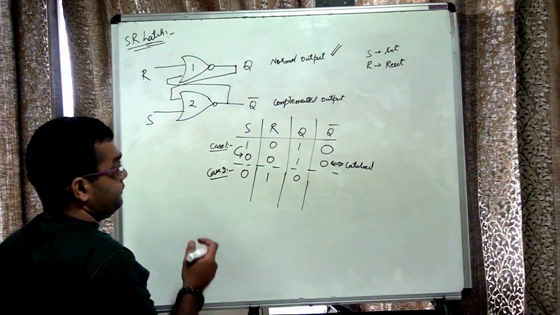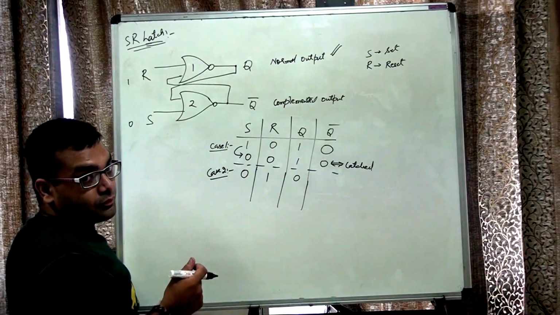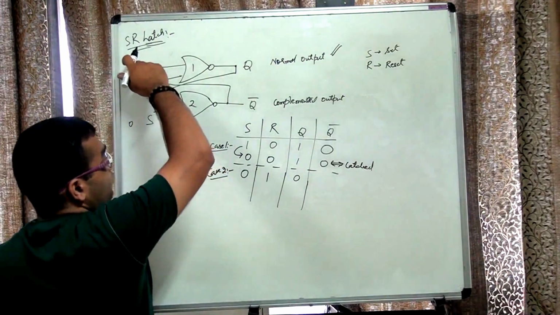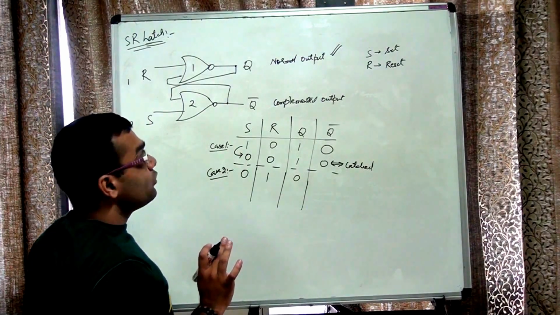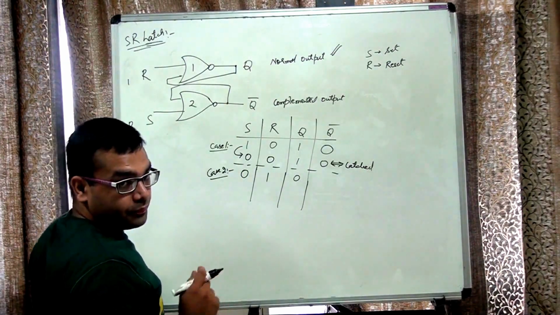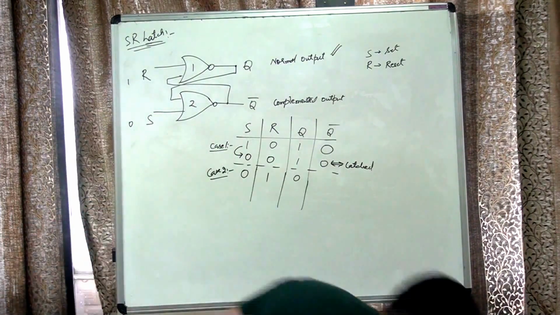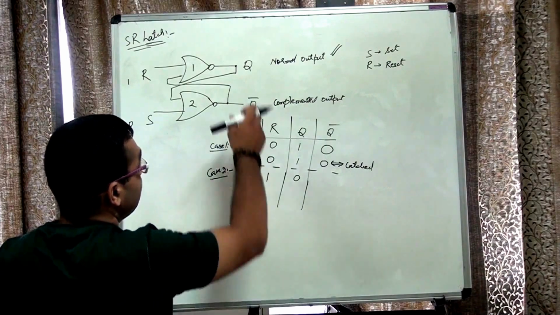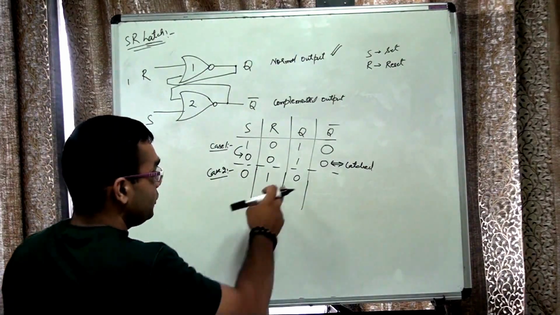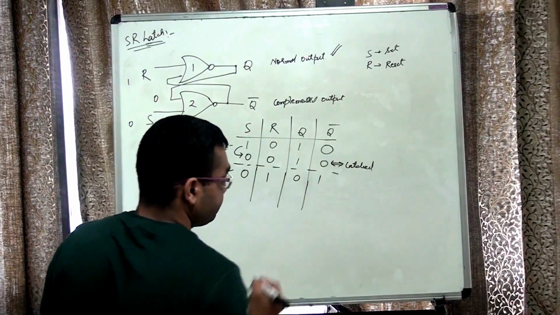Because this is now 1, this is 0. Because this is the input to gate number 1, we can definitely be sure of the output of gate number 1, but not of gate number 2. Now when this is set to 0, this comes from feedback over here. Now 0 and 0, output will be 1.